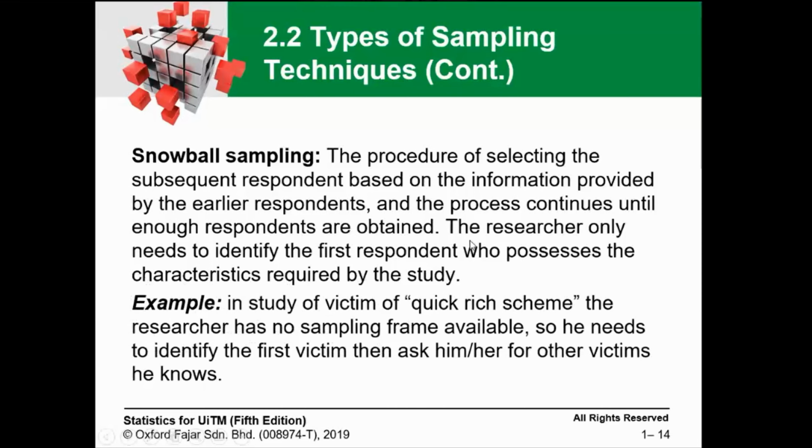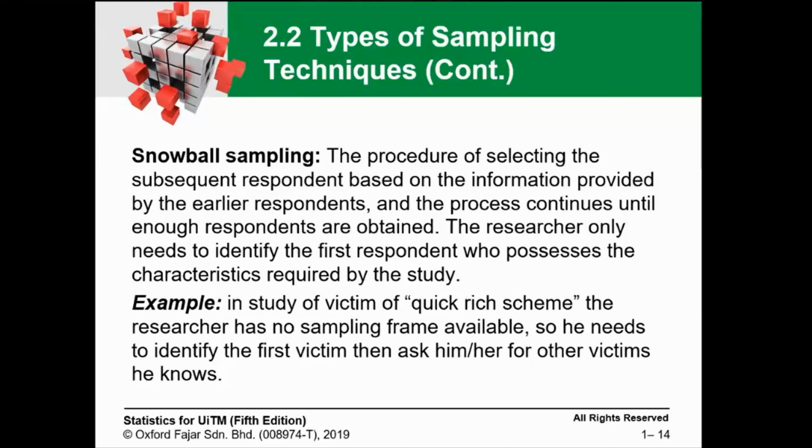Let's take an example. Say a researcher is trying to do a study of victims of a get-rich-quick scheme. I think all of you already know what it means, when you receive an email saying you will be a billionaire within 2 days. Wow. Some people become victims of these schemes and they invest money and so on. But mostly the information on these people is not available.